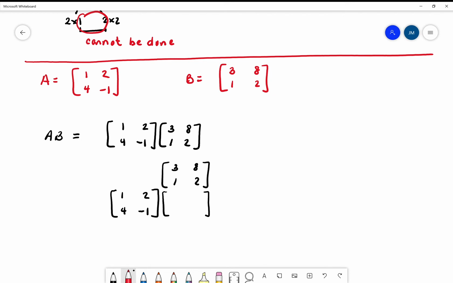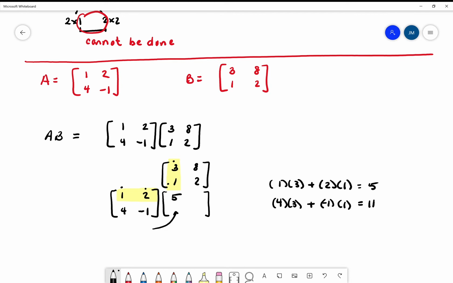So in order to get the first entry here, we're going to multiply the first column by the first row. So that means that's going to be 1 times 3 plus 2 times 1. So this 1 times this 3, and this 2 times this 1, and that looks like 5. To get this entry right here, we're going to multiply the 4 and the -1 by the 3 and the 1, and that looks like 11.